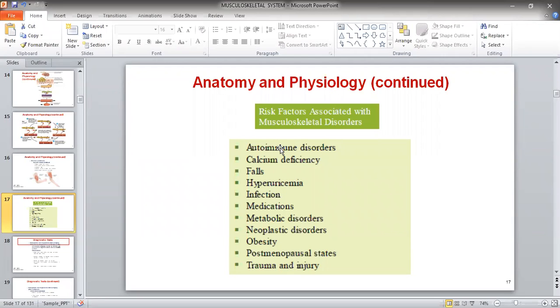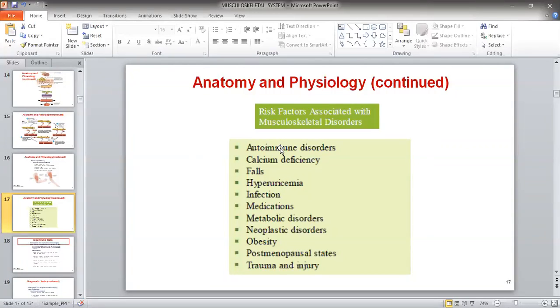Infection. There's so many diseases in musculoskeletal system related to or precipitate the infection. Some medication like long-term steroid taking, they cause osteoporosis. Metabolic disorder impaired your musculoskeletal system and rapid up the osteoporotic change.